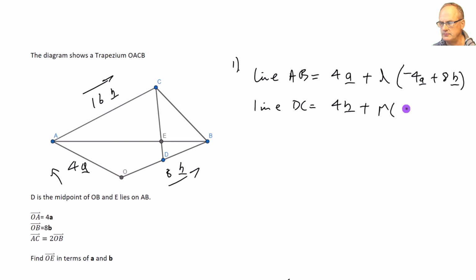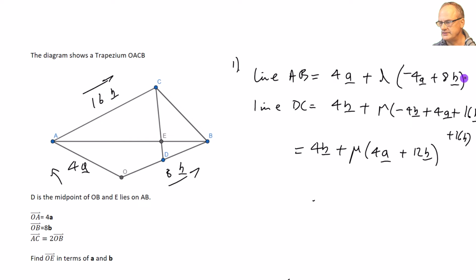We're going to go DO, which is minus 4B, plus OA, which is 4A, plus the 16B. So when we simplify that, we get 4B plus mu lots of minus 4B plus 16B, which is going to give me 12B, and I've got my 4A as well here.